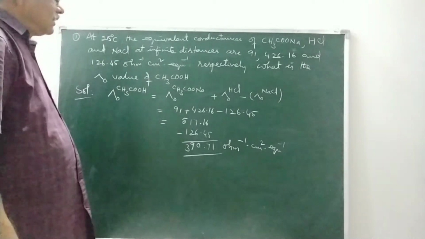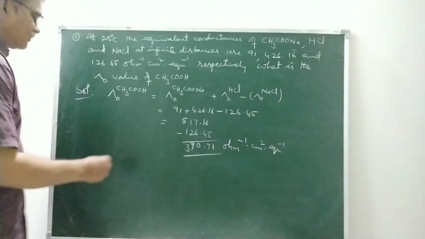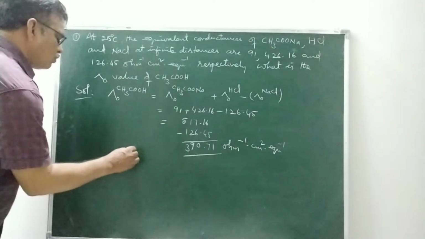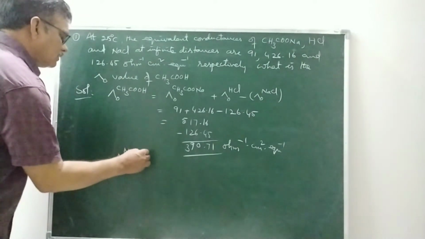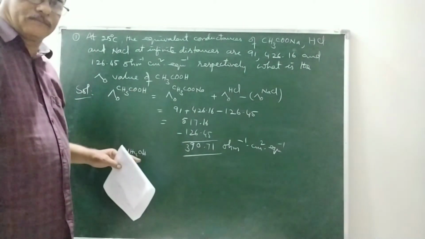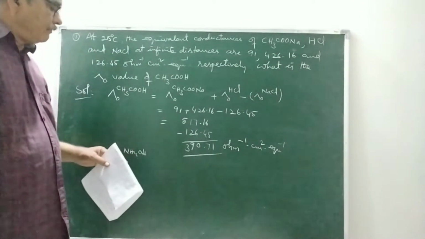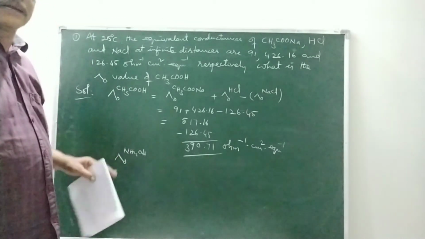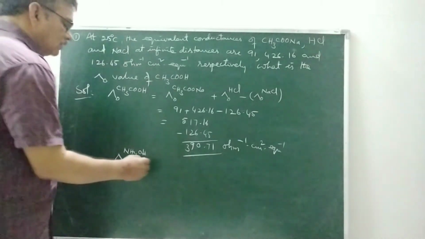If a weak base like NH4OH, we have to find lambda naught NH4OH, then lambda naught values of which substances are needed?